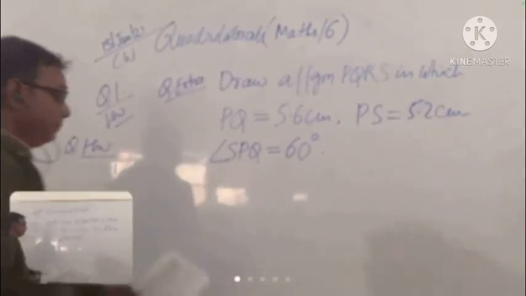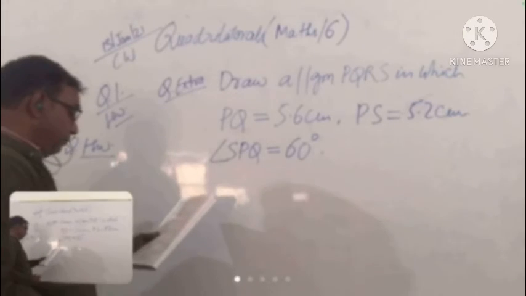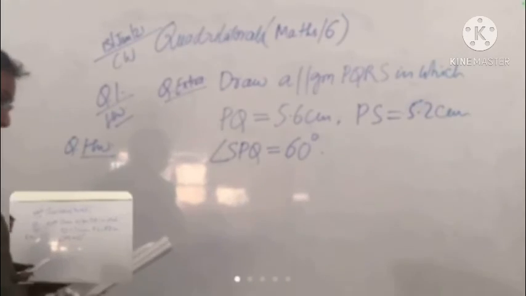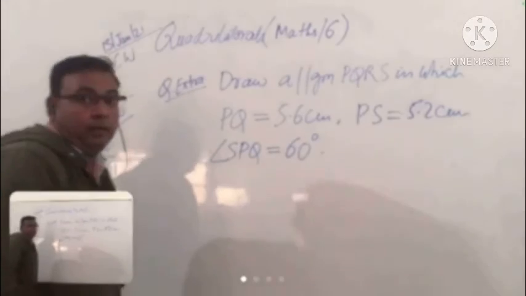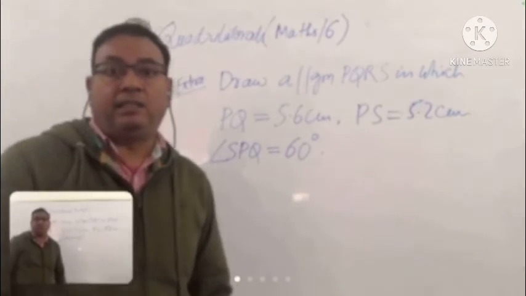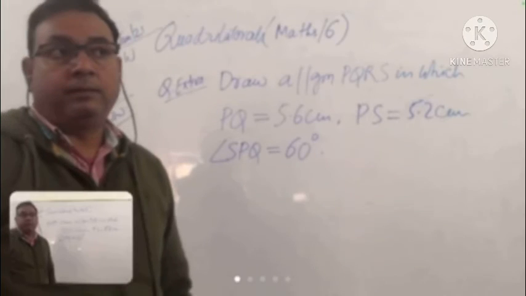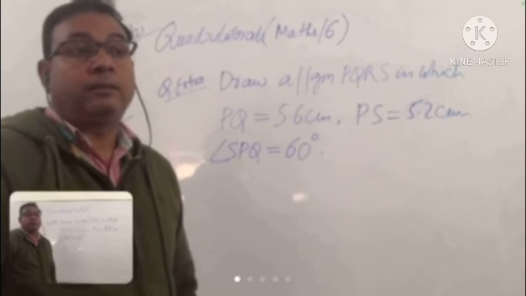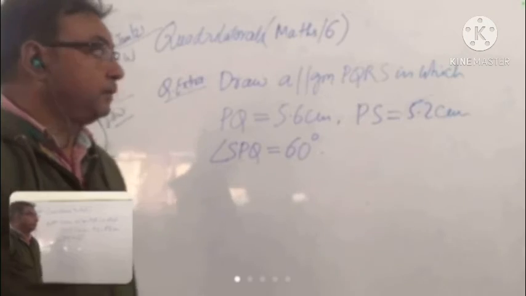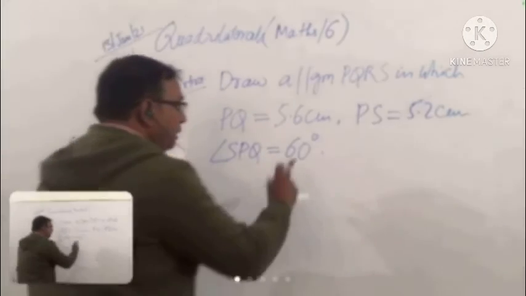I think everyone is able to draw 60 degree with the help of compass. So you can use it to construct these angles which is possible to draw with compass.